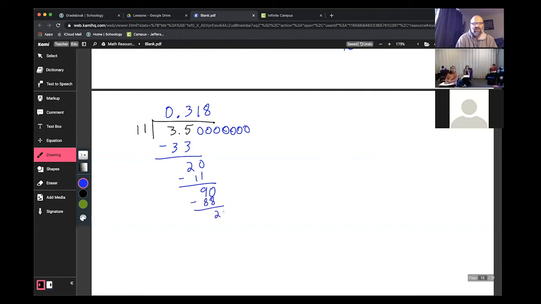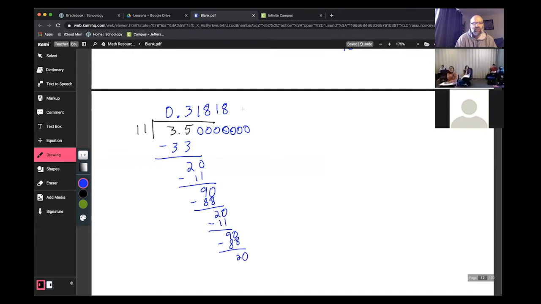Subtract and you get 2, bring down a 0, and you get 20. Well, that looks familiar. Deja vu. What's happening? 11 goes into 20 one time. 1 times 11 is 11. Subtract, you get 9. Wait a minute. Something's repeating every time.